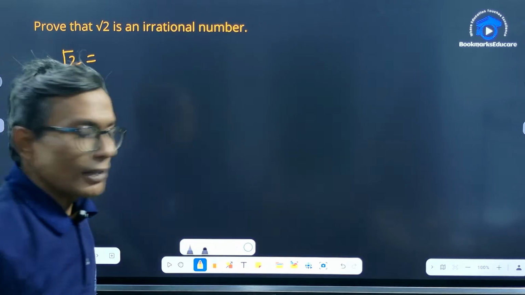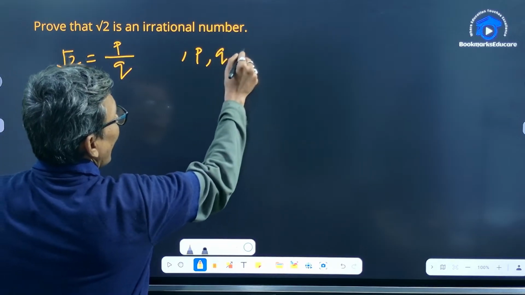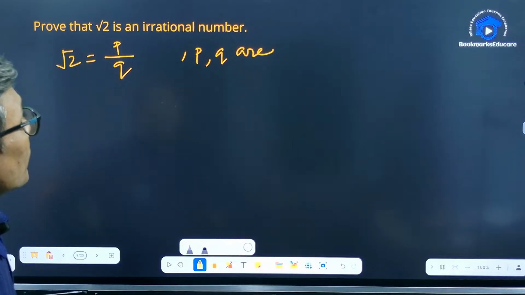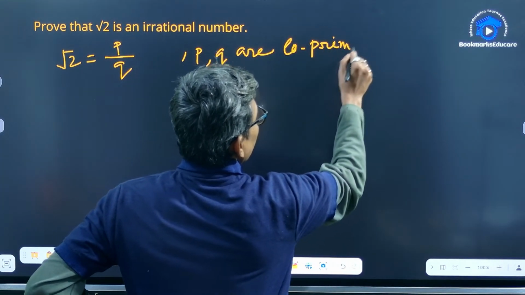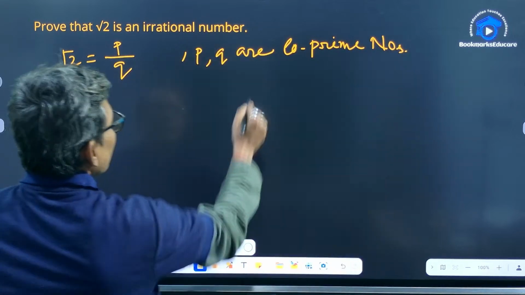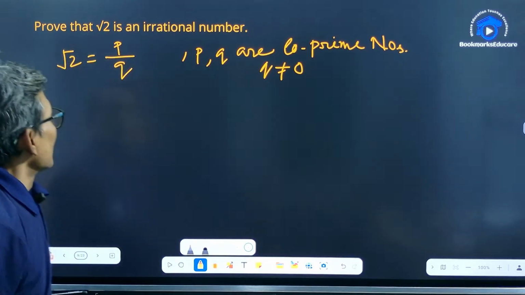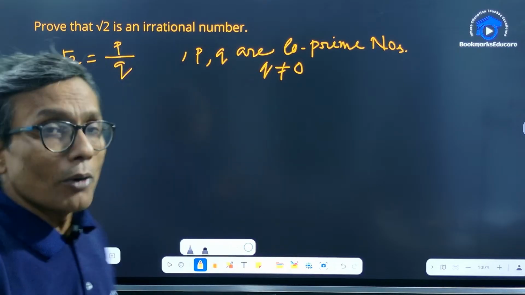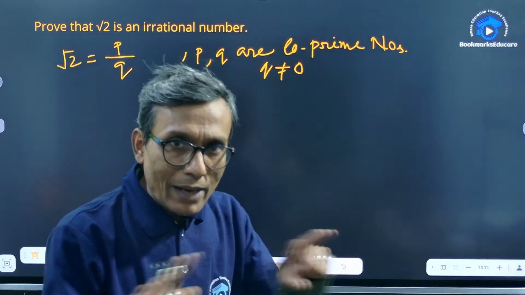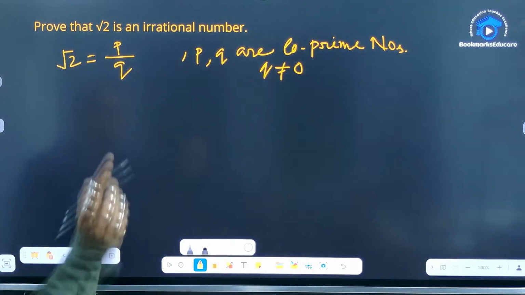So if root 2 is a rational number, then we can write root 2 in the form of p by q, where p and q are co-prime numbers, meaning they have no common factor other than 1, and q is not equal to 0. If q were 0, it would be undefined.